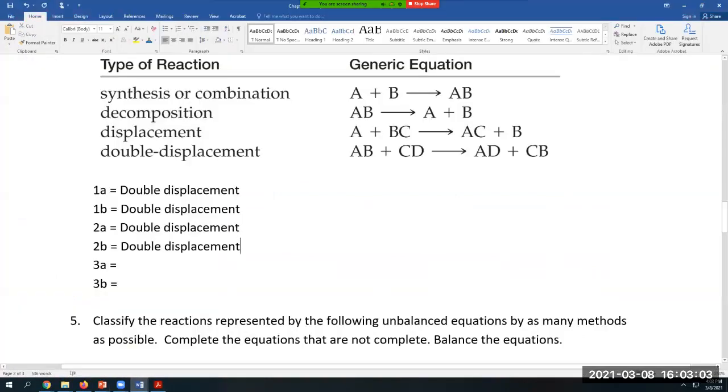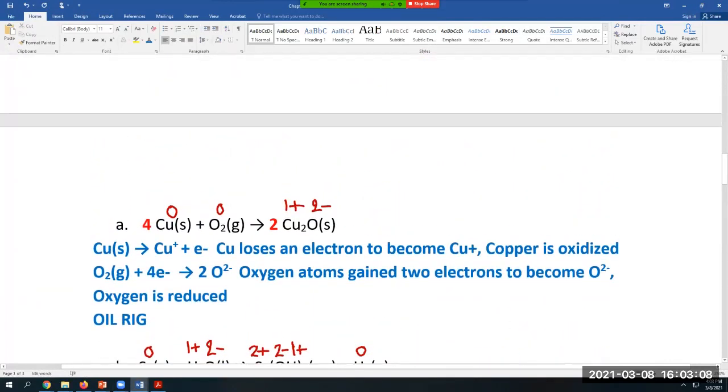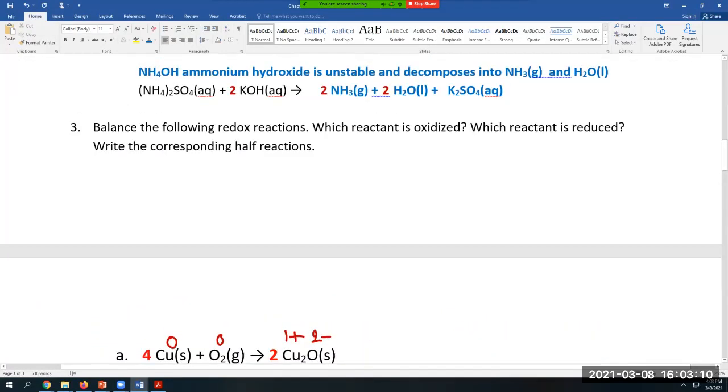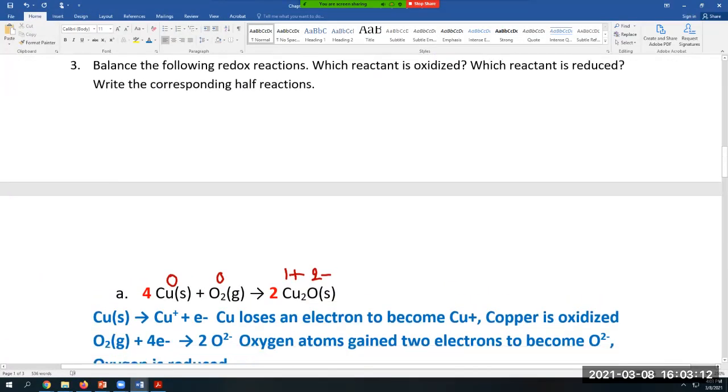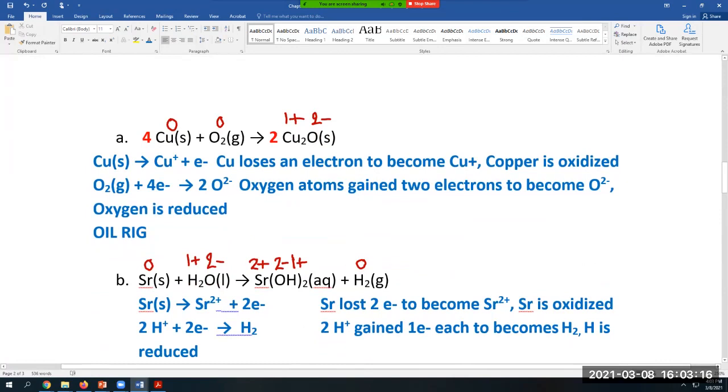Let's look at the redox reactions. There you have a lot more variability in what kind of reaction you have. Here we have two reactants giving one product.